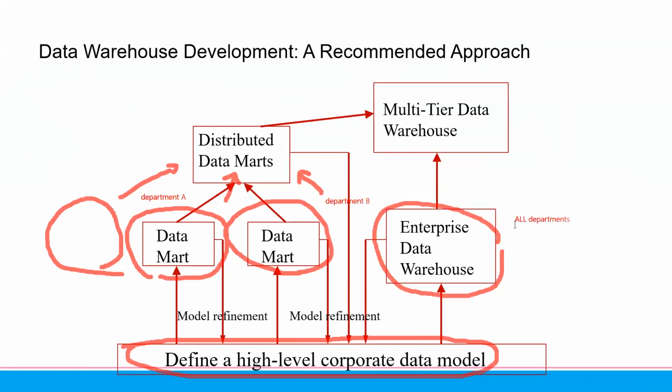So you can design whether it is for every department or for its own department. And when you already have the distributed data marts and the enterprise data warehouse, we can build this multi-tier data warehouse.